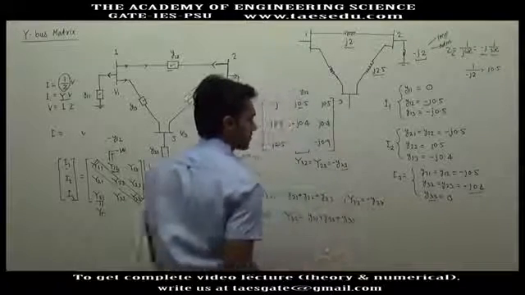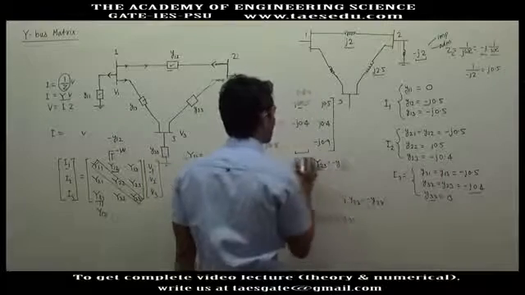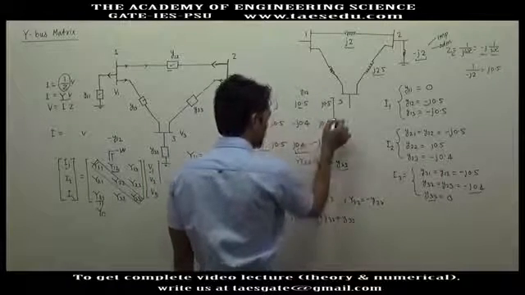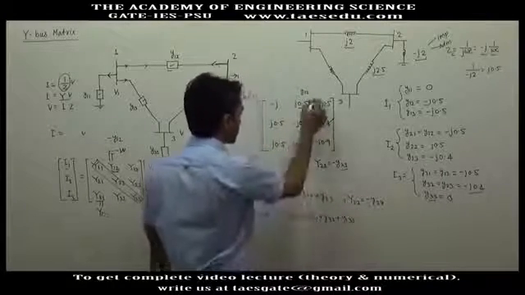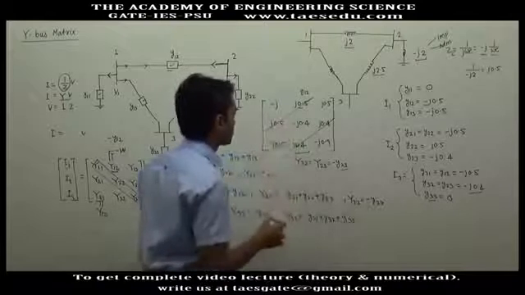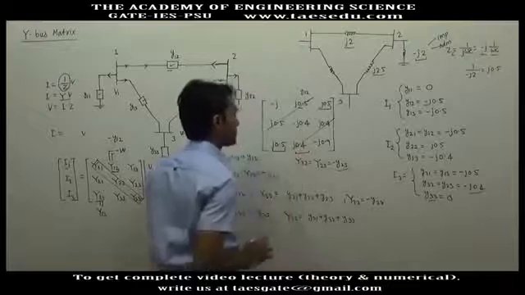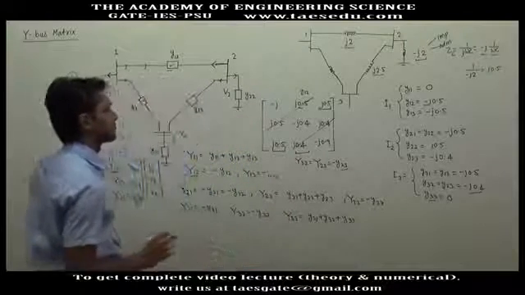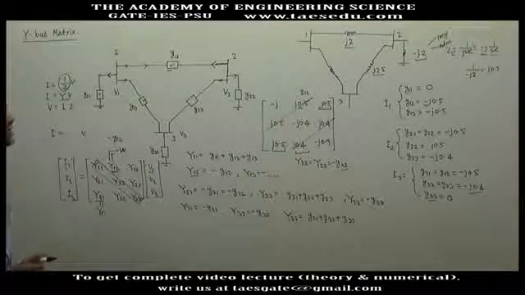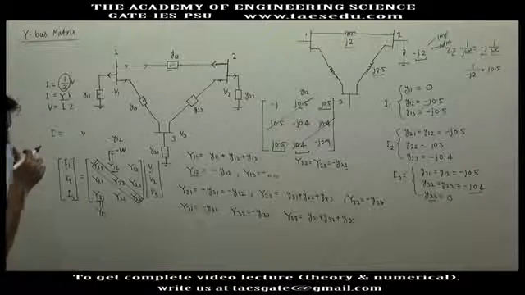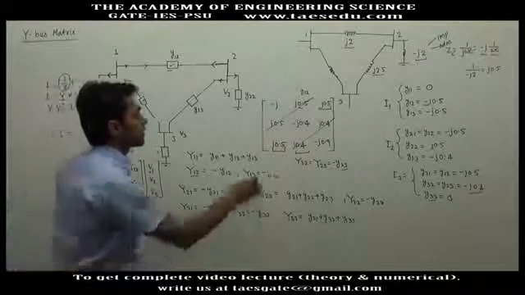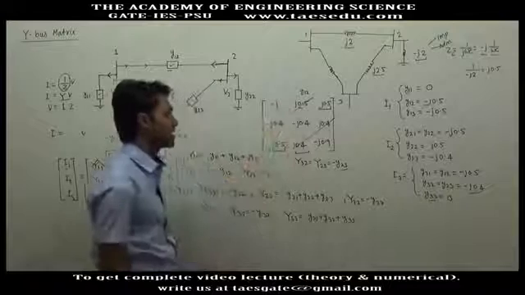So it is plus j 0.4. These two quantities will be the same, and this quantity and this quantity will be the same. This will always happen in a Y-bus matrix. And the diagonal elements are the summation of all the admittances.